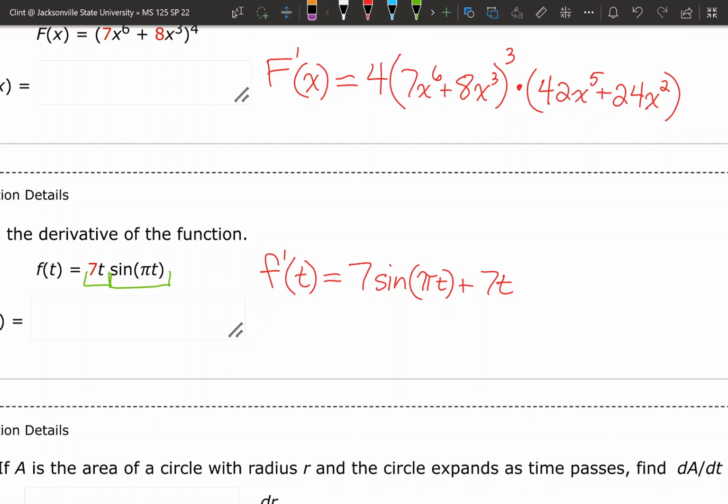So we want the derivative of sine, which is cosine. You're thinking antiderivative. So the derivative of sine is cosine of pi t. But then we got to do times the derivative of pi t, which is pi. That's fine. Let's just leave it like that. Here we're chaining.